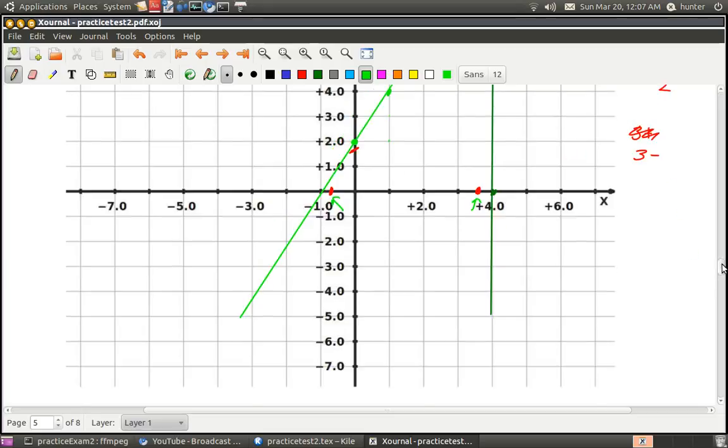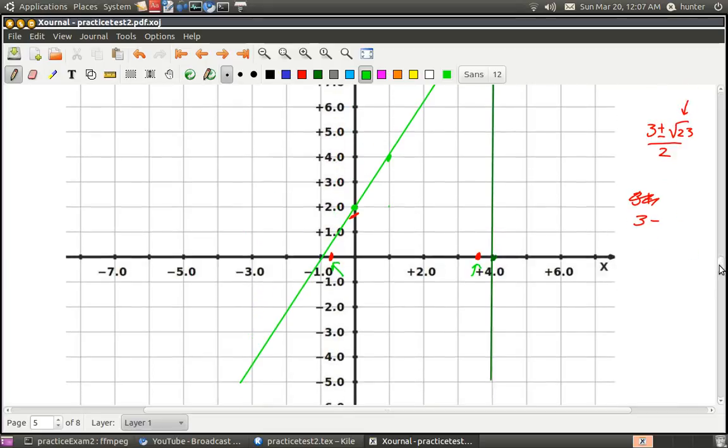So that gives me a strategy for graphing this thing. I'm going to start off here on my slant asymptote, and then I'm just going to make my way through my x-intercepts and my y-intercept going straight through, and at the end I'll go back to my asymptote. So I have to go through there, through there, through there, and then I have to go down at the vertical asymptote, like that.